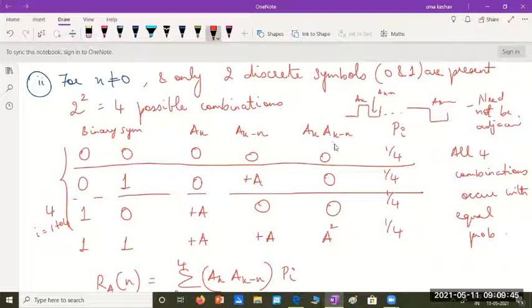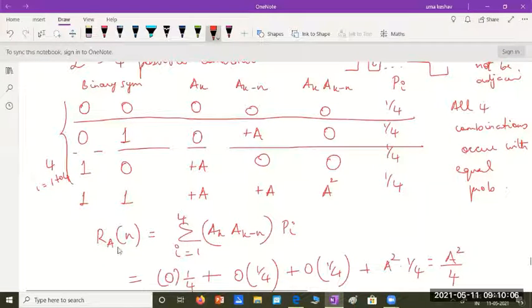Next we'll take the product. The first three products will be 0. The last one is plus A into plus A, which will be plus A square. Again, we'll consider that all these four combinations can occur with equal probability, so the probability of occurrence of each of them is 1 by 4. Finally, RA of N we are going to find out.